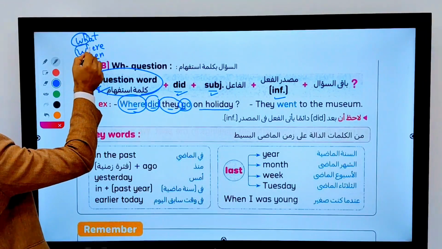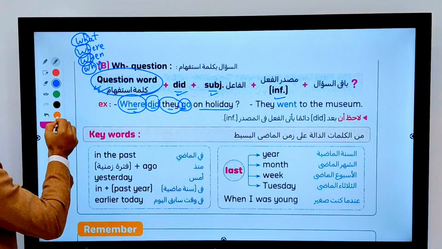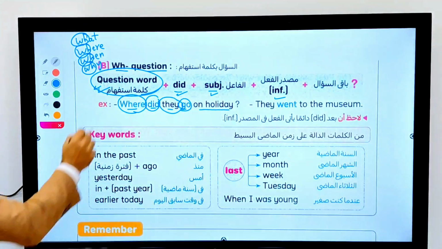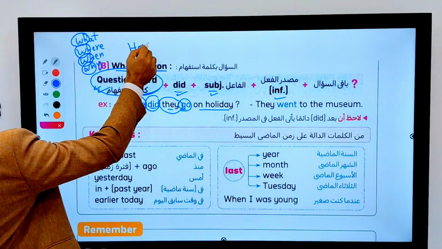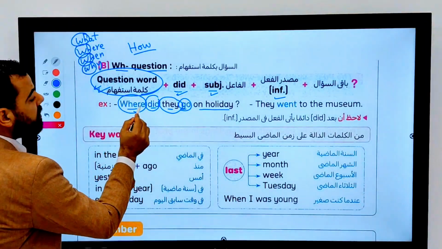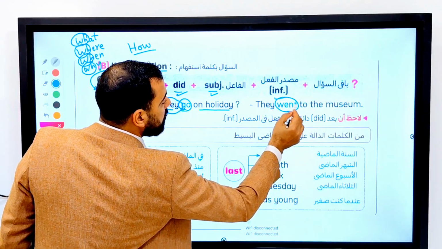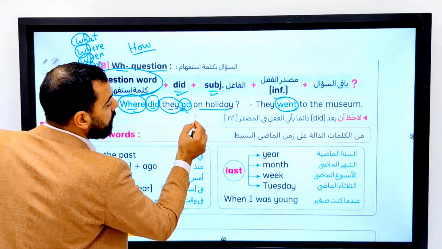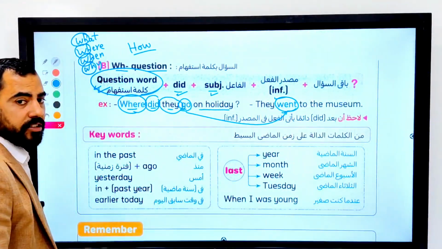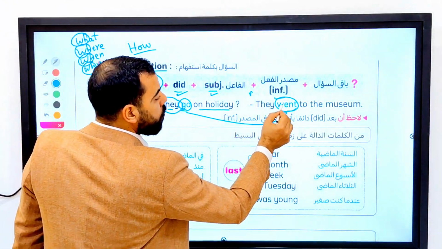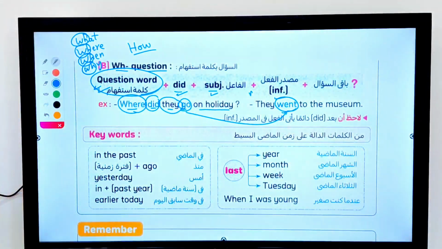The majority of them start with WH, so that's why we call them WH questions, except how. So, where did they go on holiday? They went. So go in the question changes to went in the answer because there is no did. They went to the museum.